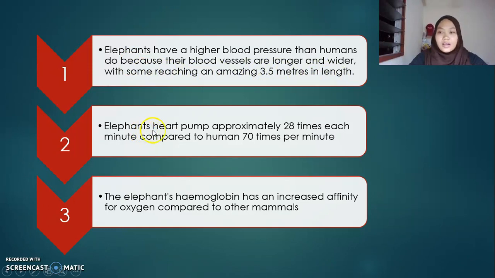Elephant hearts pump approximately 28 times each minute, which is much slower than humans, at 70 times per minute. The elephant's hemoglobin also has an increased affinity for oxygen compared to other mammals because their size is so much larger than other mammals.